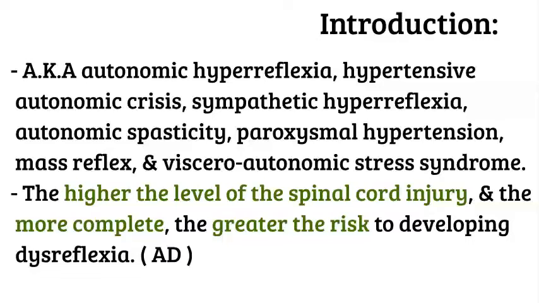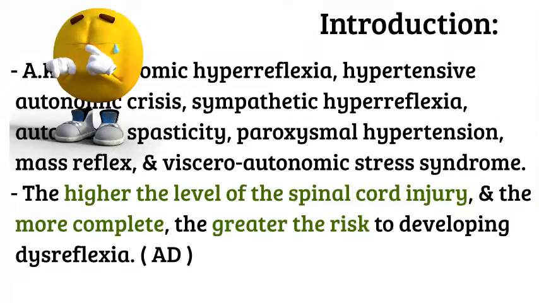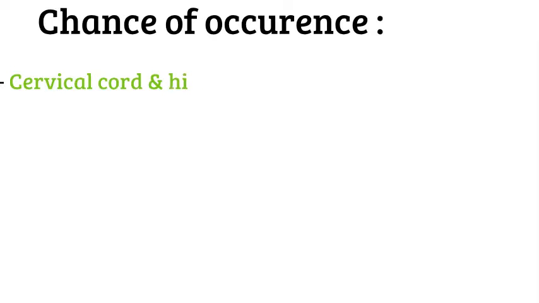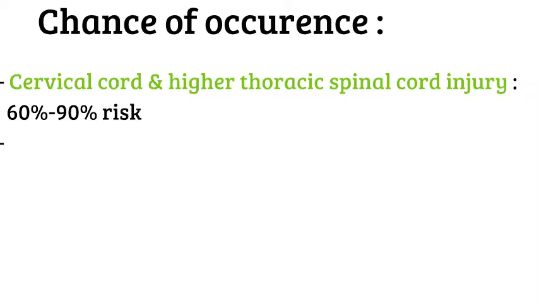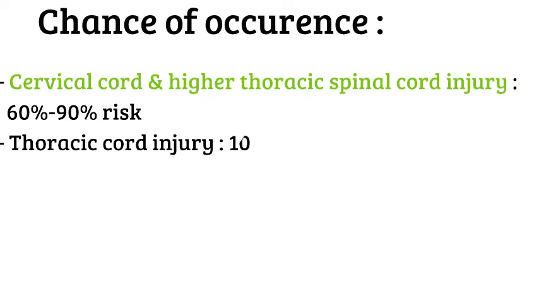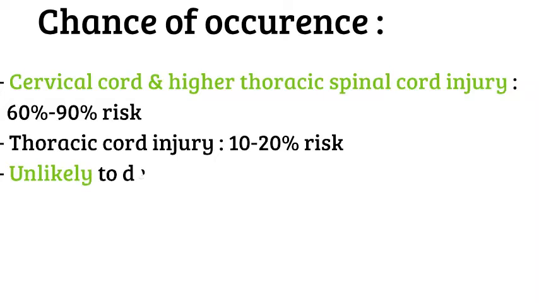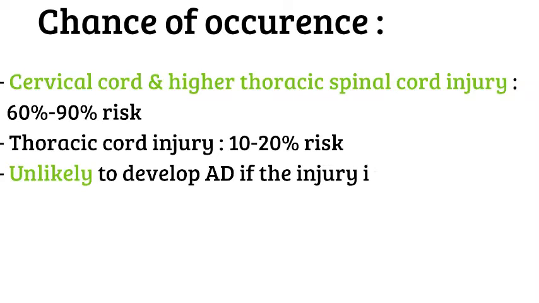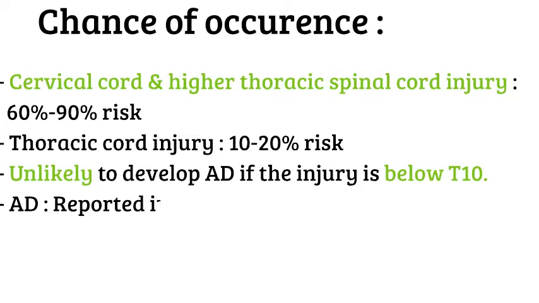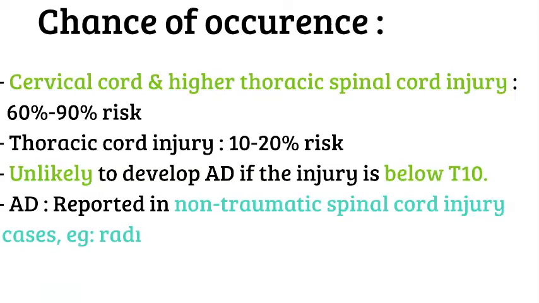The higher the level of the spinal cord injury and the more complete, the greater the risk of developing autonomic dysreflexia. For cervical cord and higher thoracic spinal cord injury, there is a 60 to 90% risk of developing autonomic dysreflexia. Thoracic cord injury per se carries around a 10 to 20% risk.